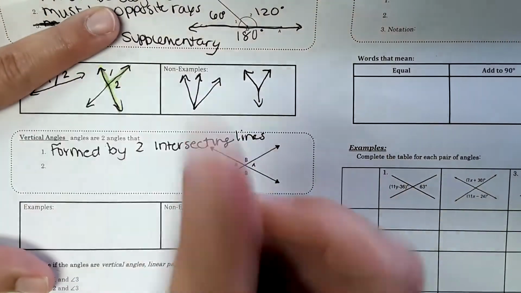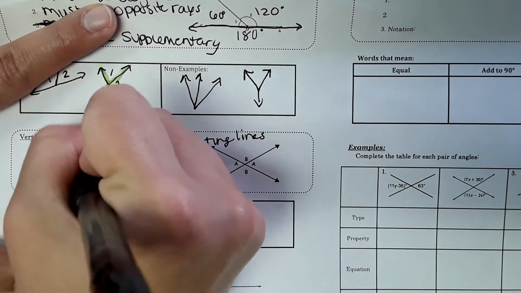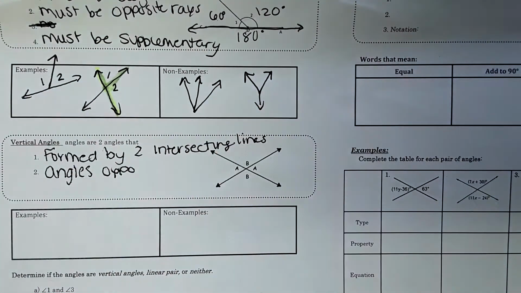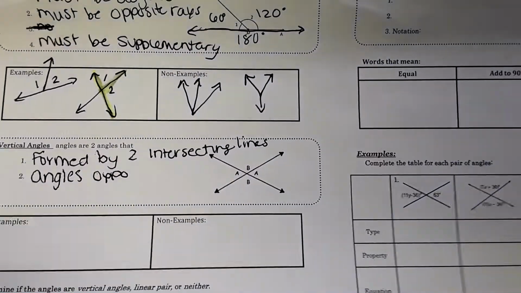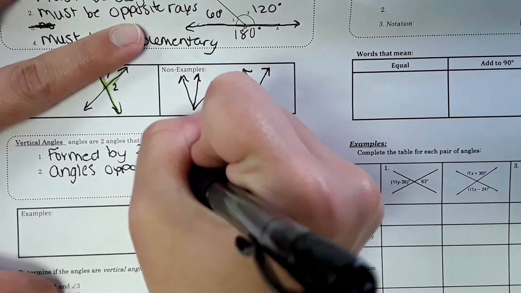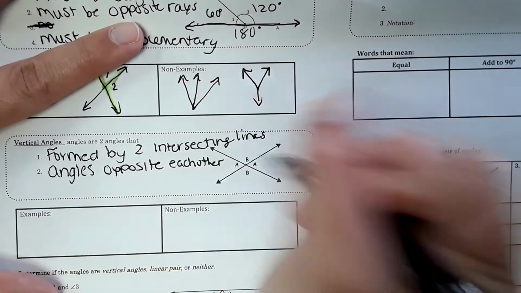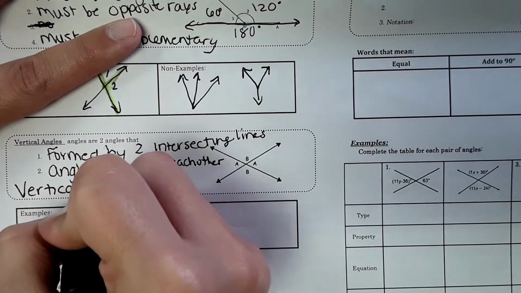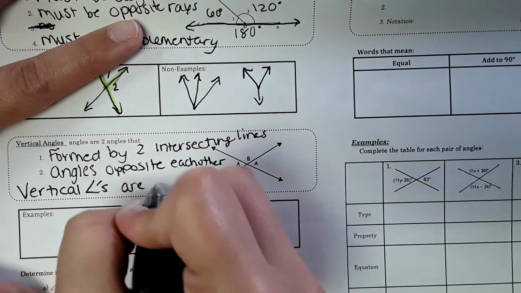And they're angles opposite each other. Let's put paper under here so I write flat. And the biggest point here is vertical angles are congruent.